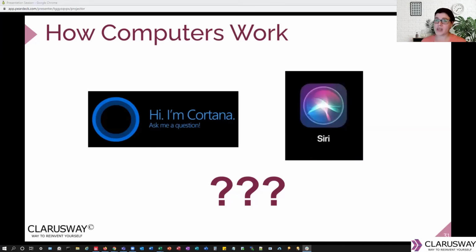Output is display or speaker. So I like that question, because yes, you are interacting with this software, but the actual hardware that you're using to interact with that software are those input and output devices.